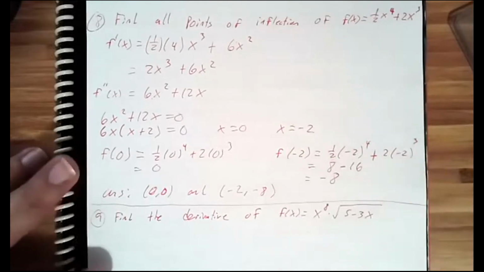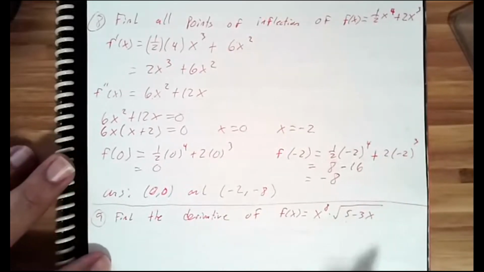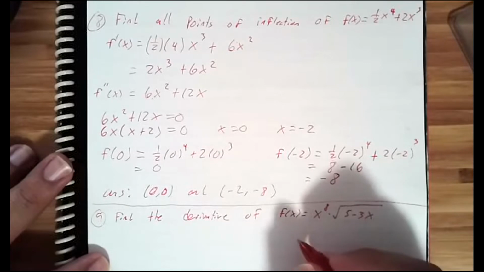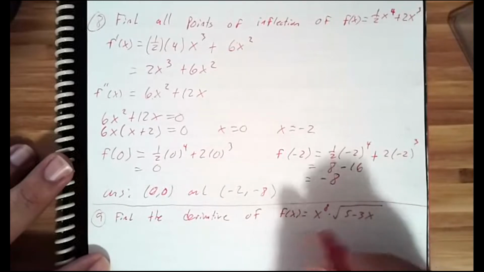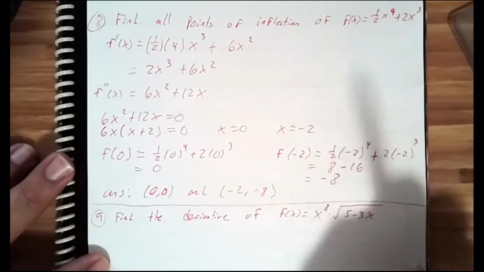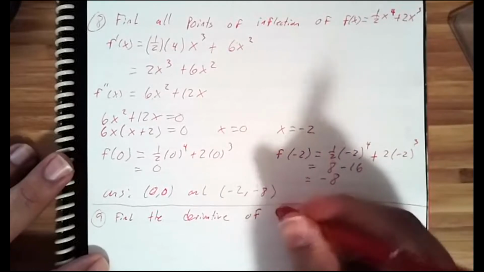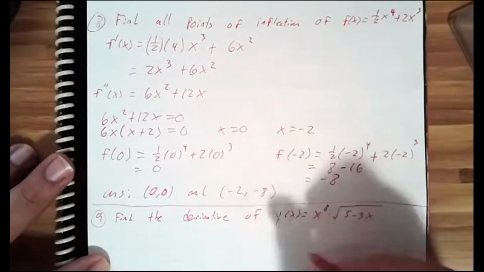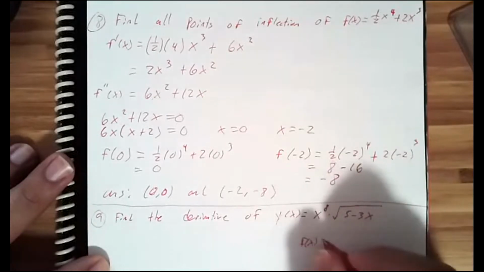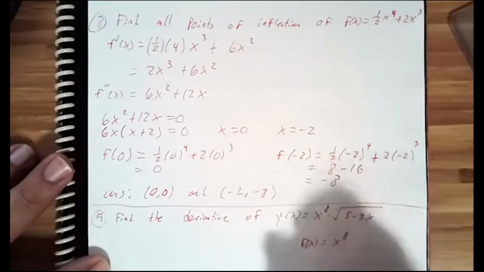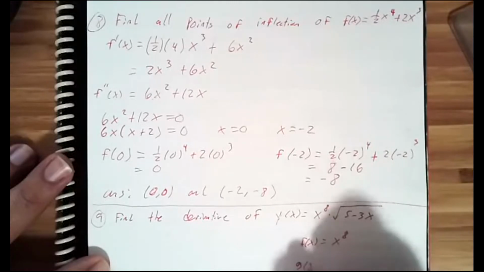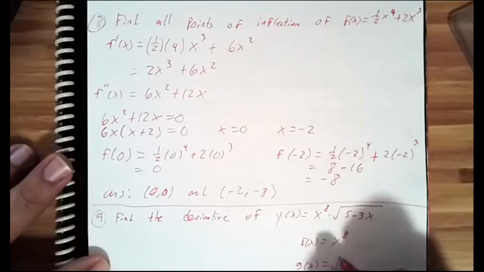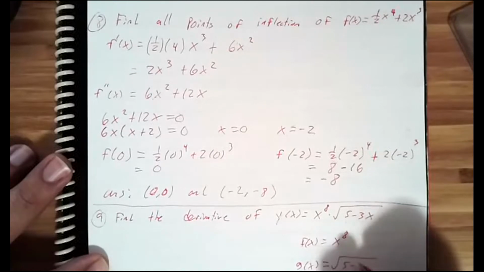So this is going to be a product rule, but also you're going to have a chain rule for this piece. I'm going to rename this y just so I can use my notation that I like. So the first one will be x to the 8th. And the second piece will be g, square root 5 minus 3x.